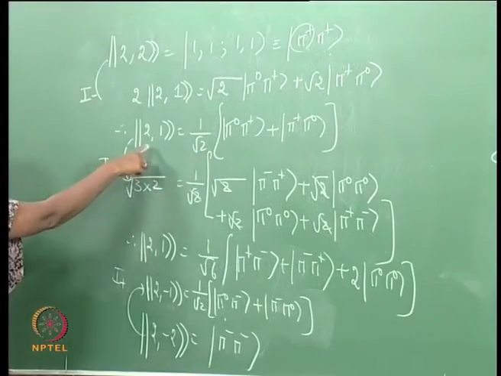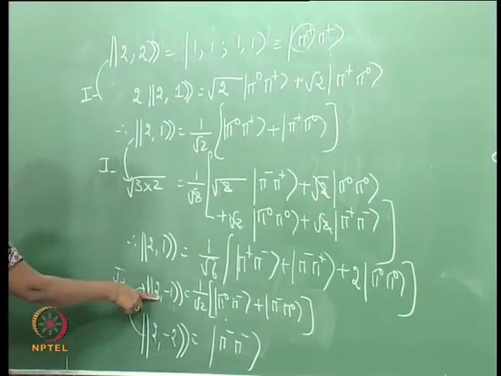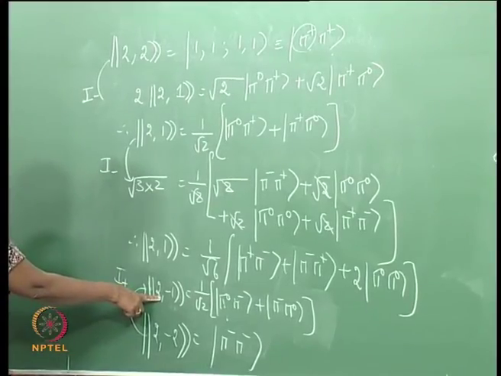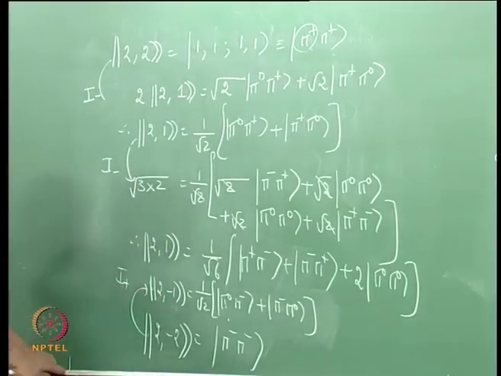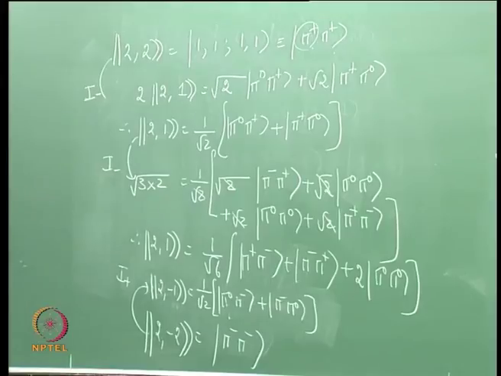This is 2, 1 out here. We got 2, minus 1. We need to get 2, 0 as well, and 2, 0 had many contributions to it. So, let me write that down.